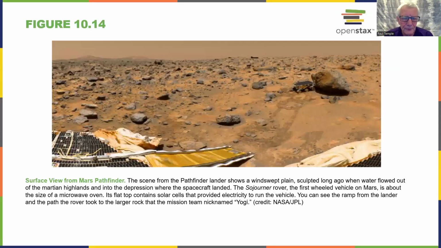This is from the Mars Pathfinder, and the Pathfinder and Sojourner were the first wheeled vehicles on Mars, the size of a microwave oven. The later ones are much, much bigger. In fact, one is about the size of a small car and is still on Mars. But I just think it's really cool.